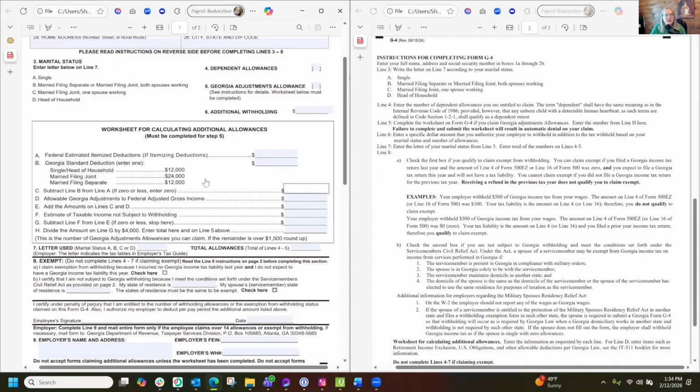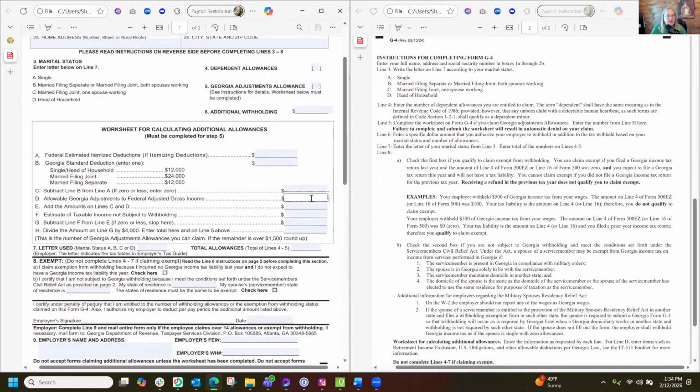And then you're going to subtract line B from line A, and you'll put that number here, where I accidentally had my cursor before. If it's 0 or less than 0, so if it's a negative number, you'll put 0 here, or you'll put whatever number is here.